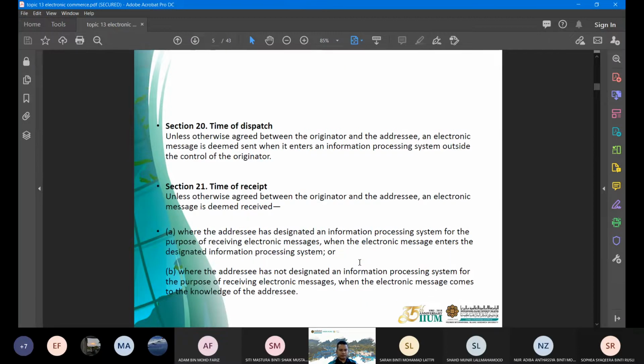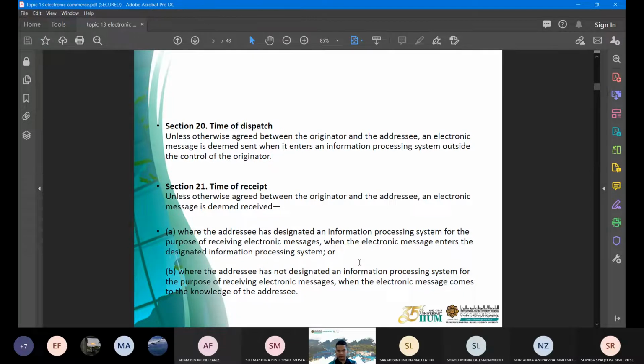Section 20 talks about time of dispatch, meaning when you make the offer, the electronic message comes out of your computer. So unless otherwise agreed, the time when the offer was made is the time when your email leaves your computer.